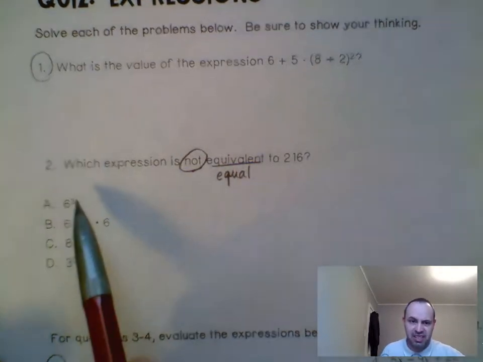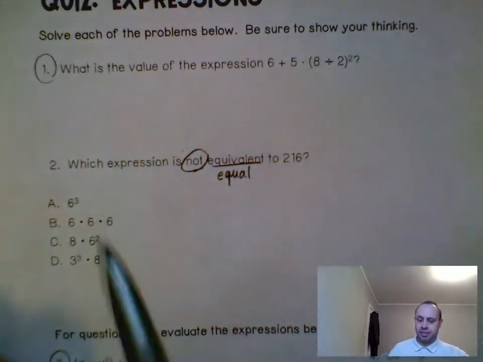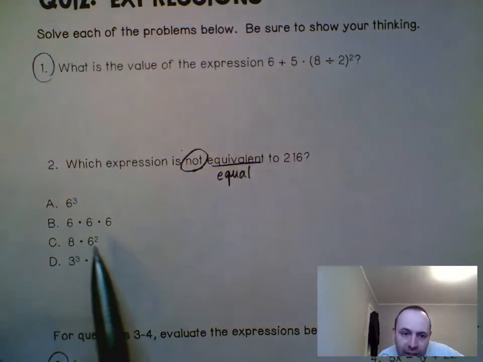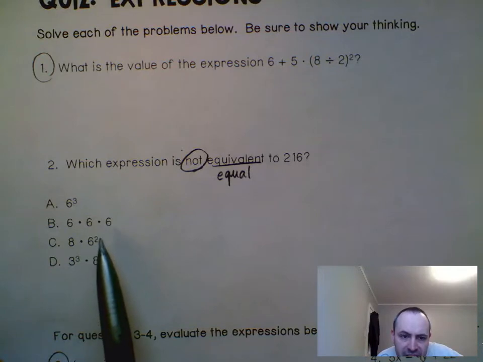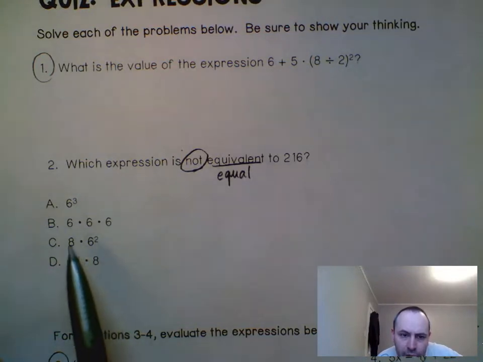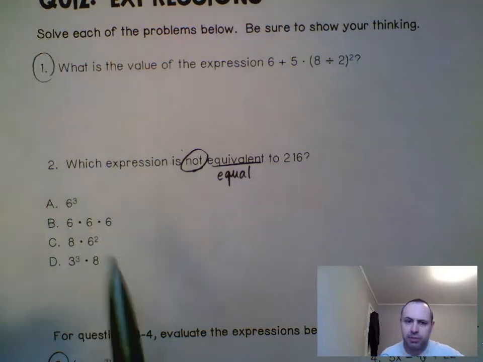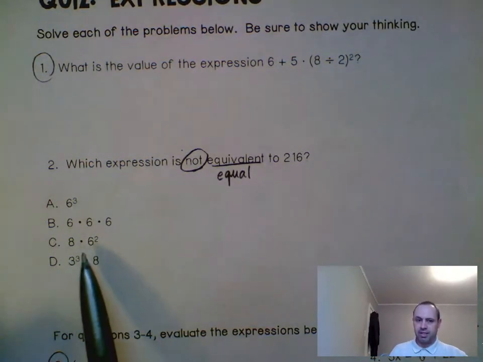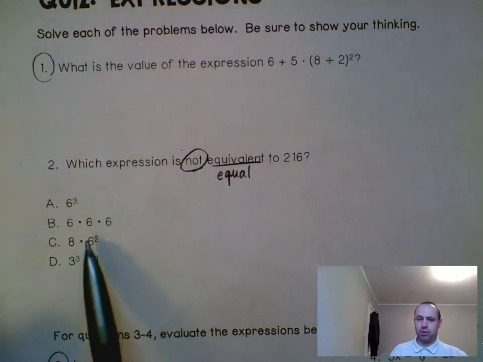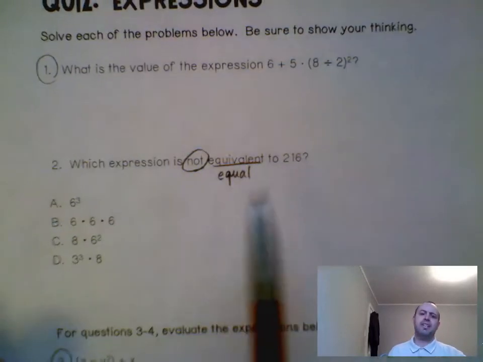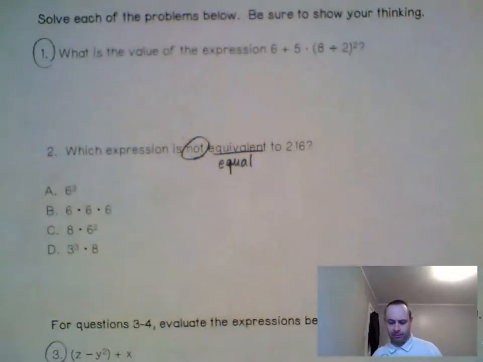So that would be 6 times 6 times 6. You'd have to find out what that is. You'd have to find out what that is over here on this one. 6 to the second, you'd have to do before you multiplied because that's the exponent. So you have to take care of this first and then multiply. And then over here, 3 to the third times 8, the same sort of thing. And once you find out which one of these is not equal to 216, you'll pick that one.